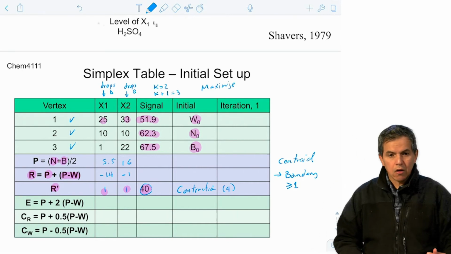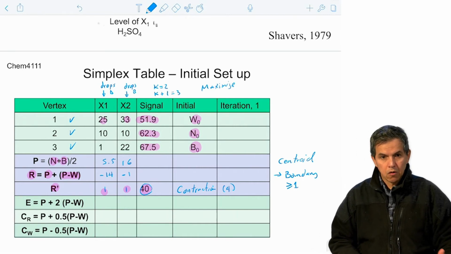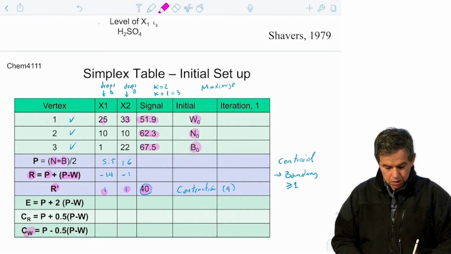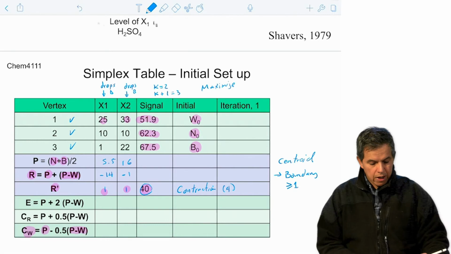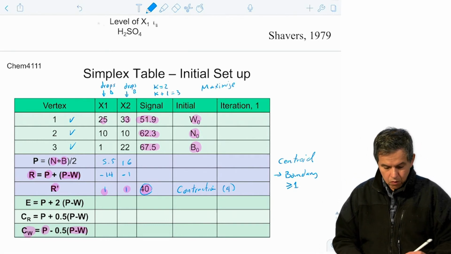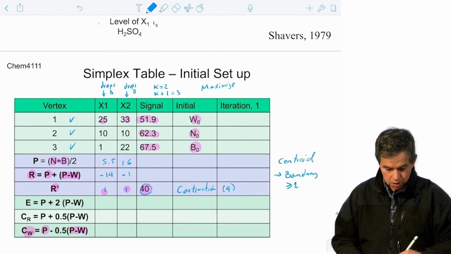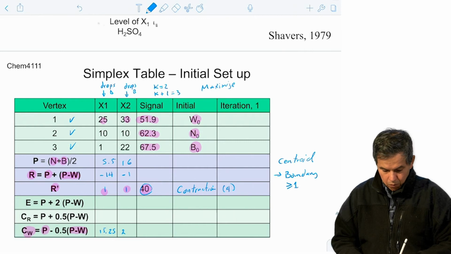And the calculation of the new conditions to measure corresponds to CW. We will need to calculate CW using the values of P and P minus W. And when we do that, we obtain as a new result 15.25 and 24.5.